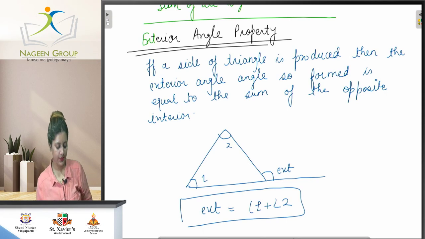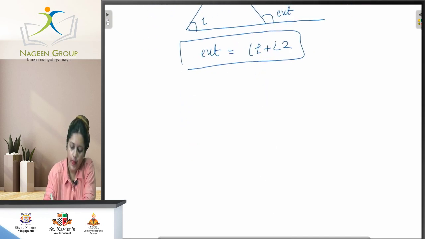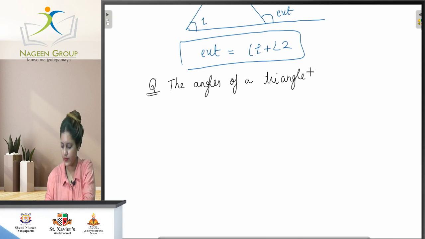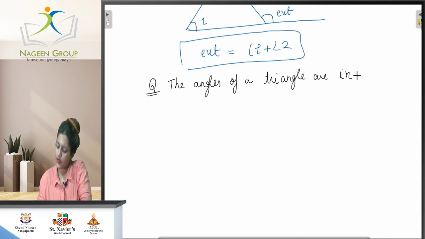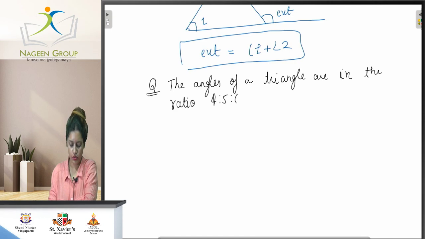Hence proved. Next, let us do some questions. There is one question: the angles of a triangle are in the ratio 4:5:6.